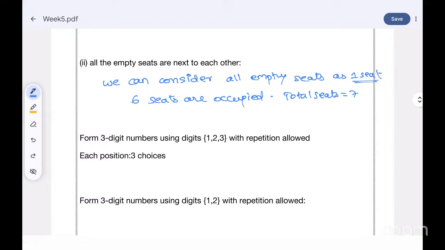Now out of this 7, how many possible ways can we arrange the 6? 7P6. So the answer is 7P6. Is that clear? Why 7P6?